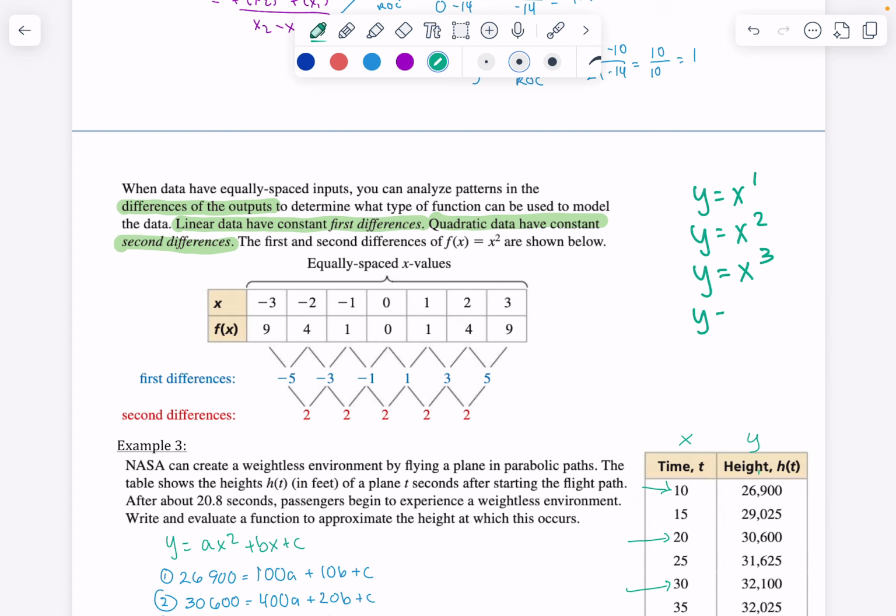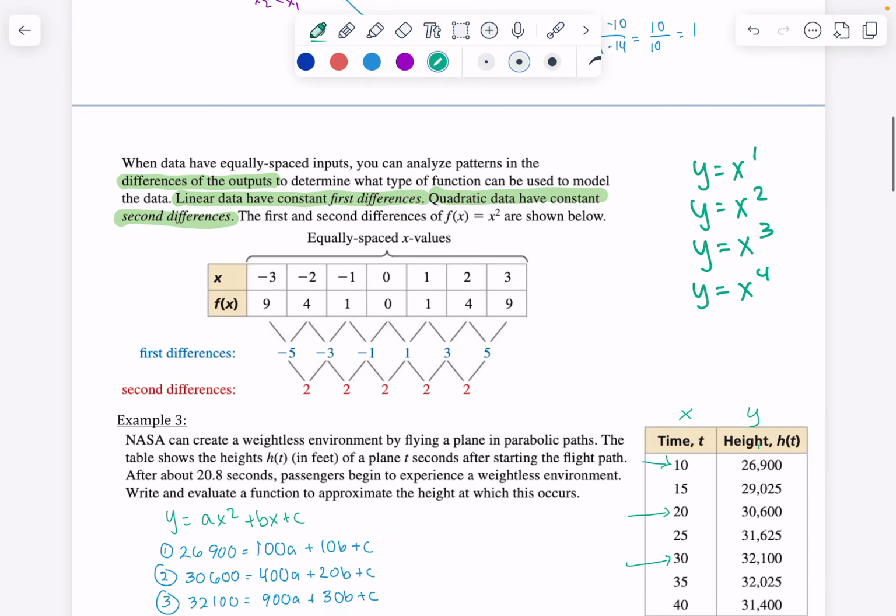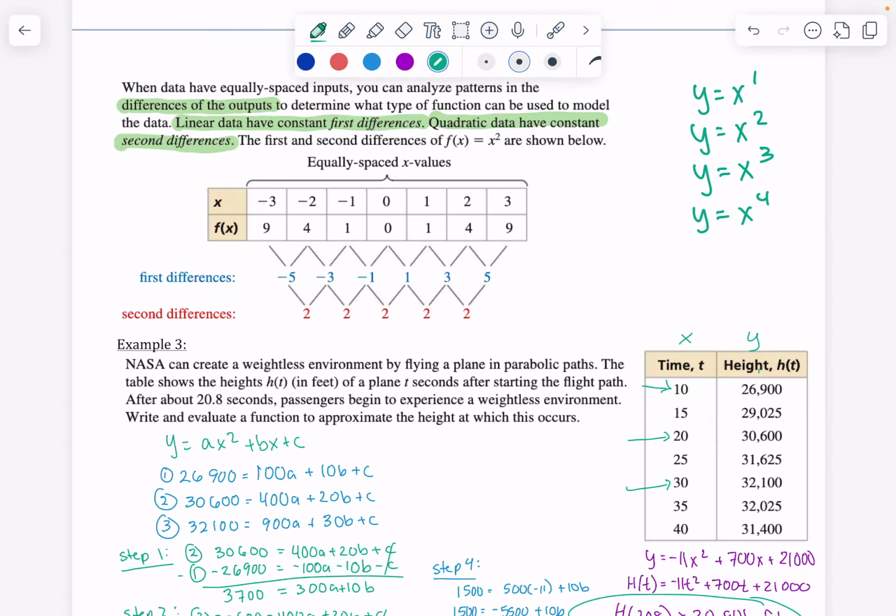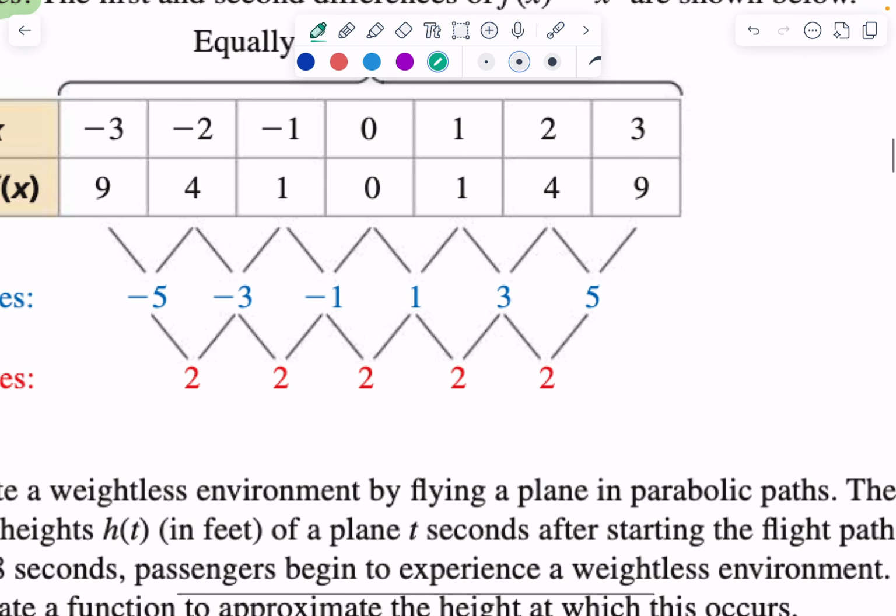If it was y equals x to the fourth power, do you want to guess what that would be? Yes, constant fourth differences, which again just means that you subtract consecutive y values. So for example, here we are doing 4 minus 9 to get the negative 5, and 1 minus 4 to get the negative 3.